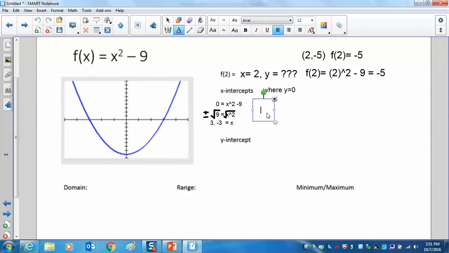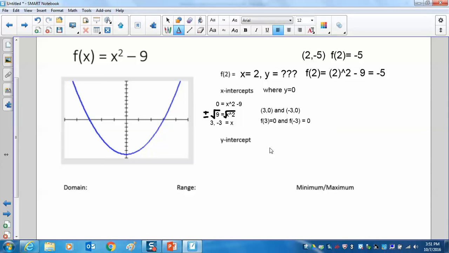So if we're going to write that as an ordered pair, we'd say (3, 0) and (-3, 0). Or we could write it using function notation: f of 3 equals 0 and f of negative 3 equals 0. Those are many different ways to express where the function has x-intercepts.